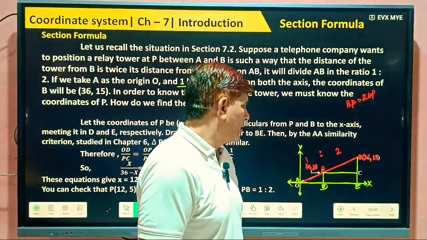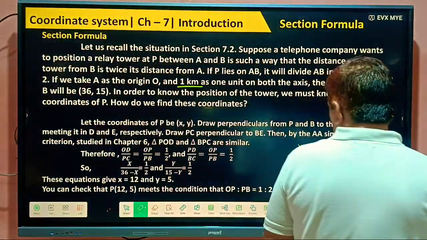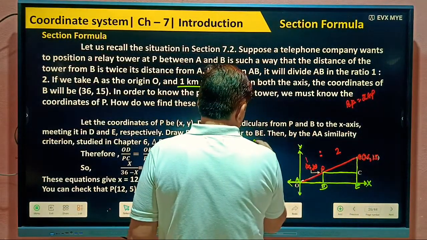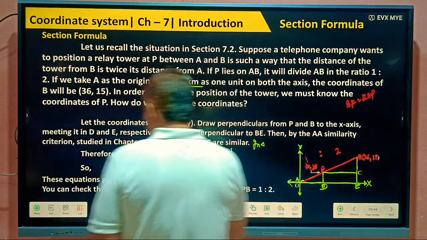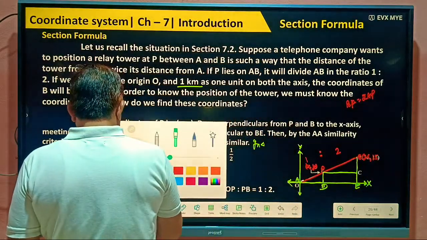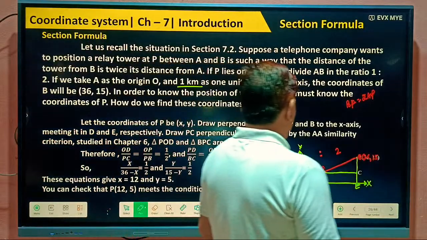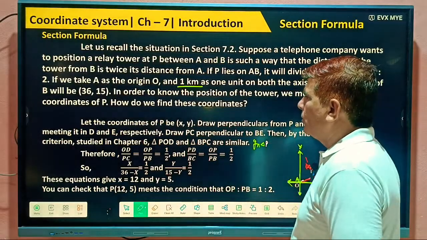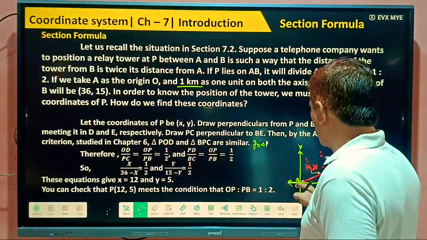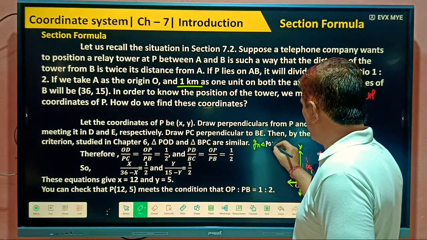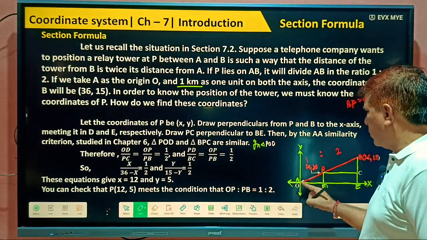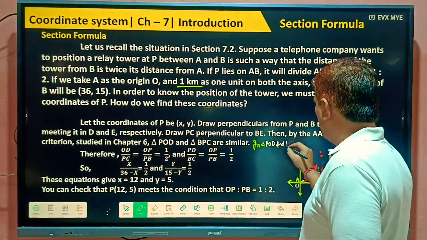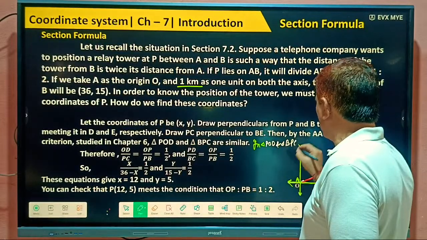Then by the similarity criterion, we can take the triangles. Which triangles? As the origin is taken here, we can say triangle POD and triangle BPC.